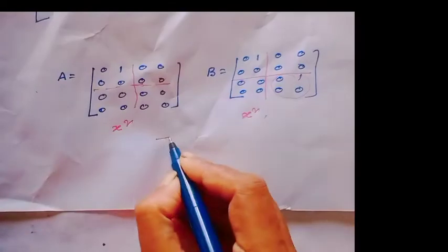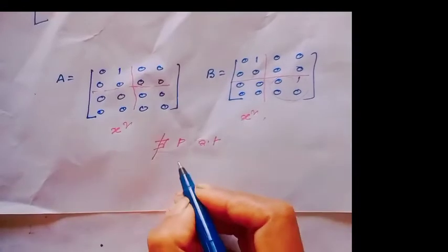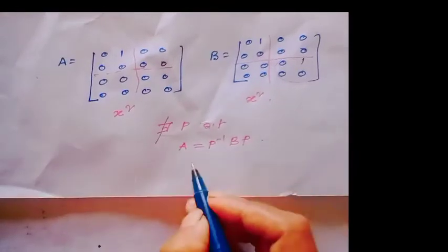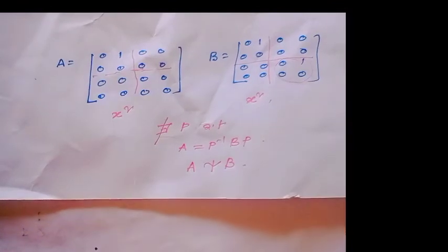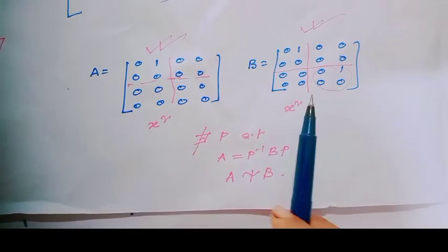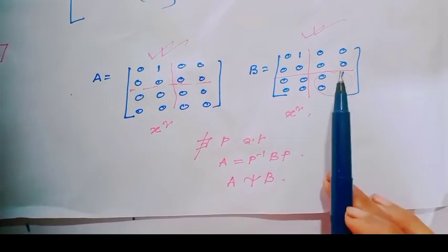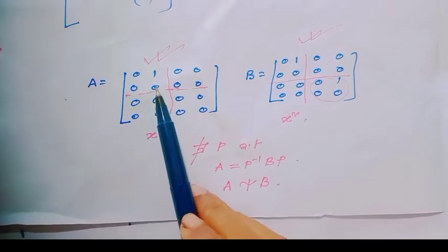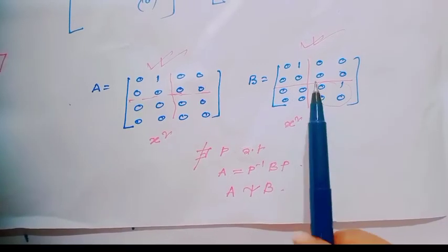That means by definition there does not exist any invertible matrix P such that A equals P inverse BP. That means A is not similar to B. Have you understood this definition? These two matrices are not similar because for similar matrices the minimal polynomial, characteristic polynomial, determinant, rank, and all properties are the same. But here in the matrix A the rank is 1, while in the matrix B the rank is 2.